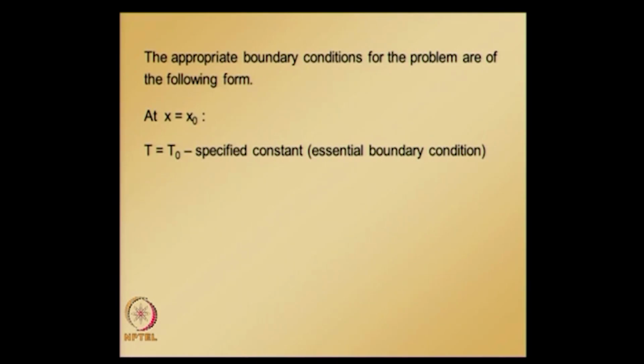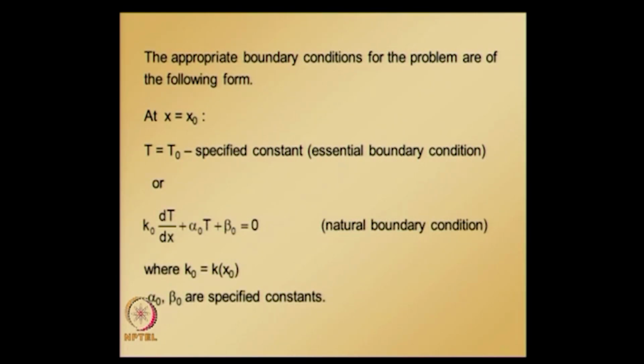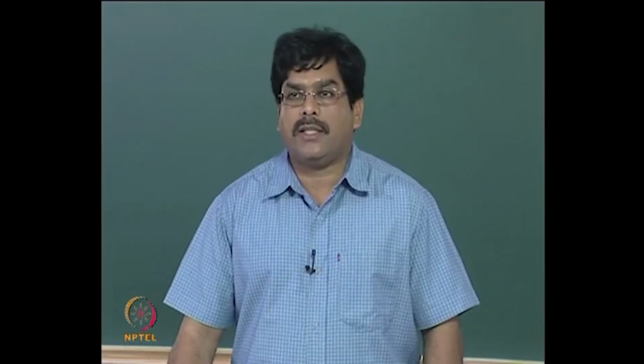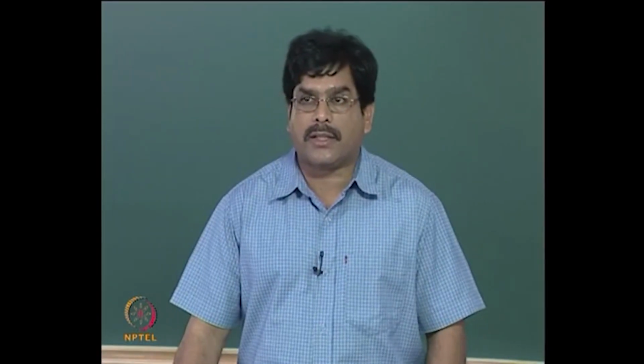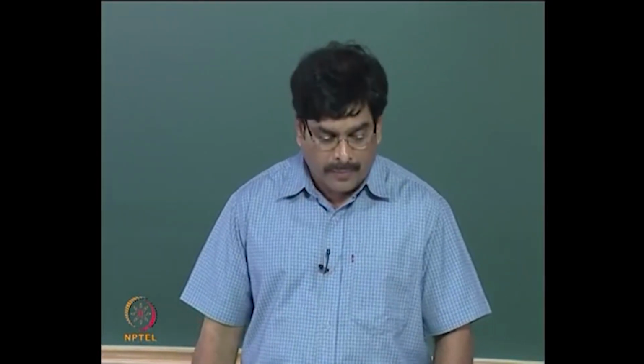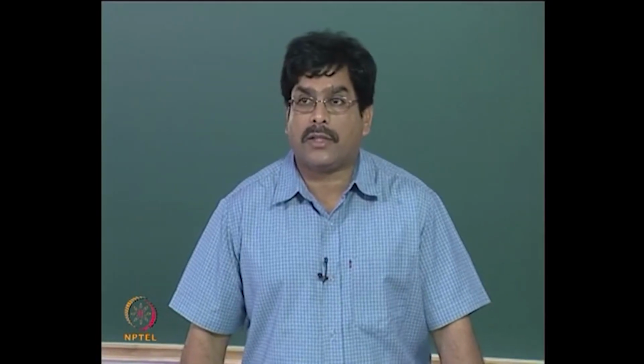At x is equal to x naught, either you can have essential boundary condition specified, that is field variable t is equal to t naught, a specified constant, or a boundary condition which involves first derivative of the field variable, that is k naught times derivative of t with respect to x plus alpha naught times t plus beta naught is equal to 0, and using the thumb rule that we looked at in the earlier classes, you can easily check that the second boundary condition is natural boundary condition, and here k naught is the known coefficient k evaluated at x is equal to x naught, and alpha naught, beta naught are some specified constants.